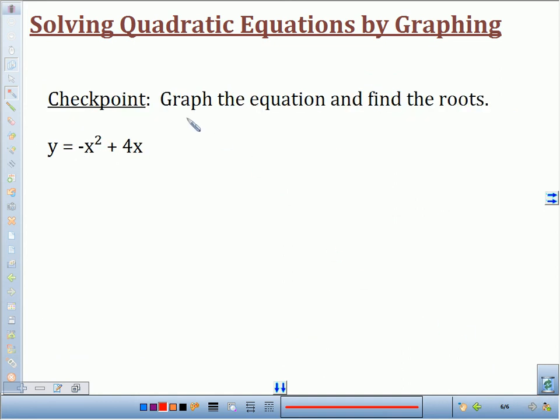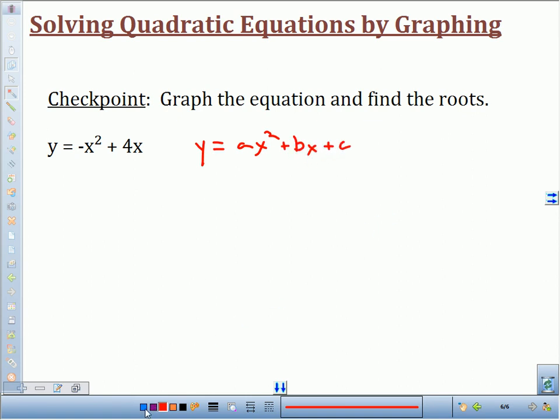All right, now we want to graph this function and find the roots. I'm going to leave you to do the graphing yourself. I just want to help you set it up. This is in the form y equals ax squared plus bx plus c.